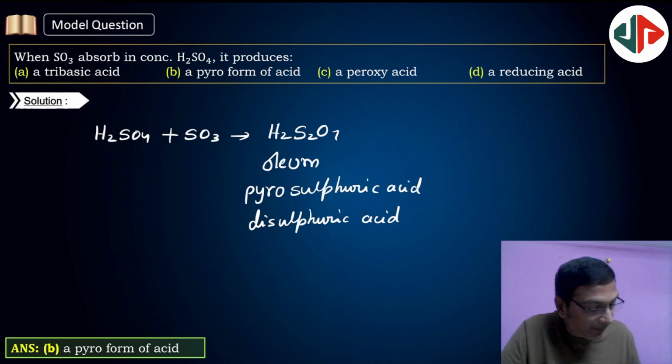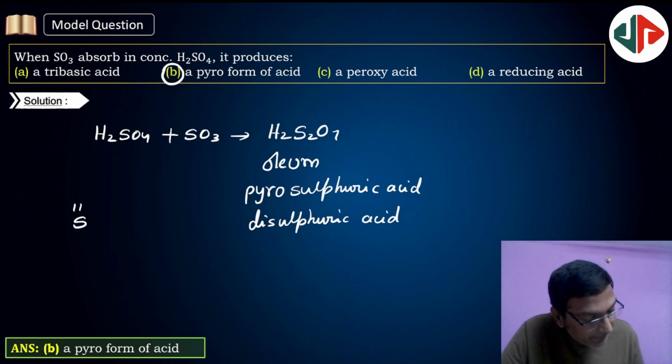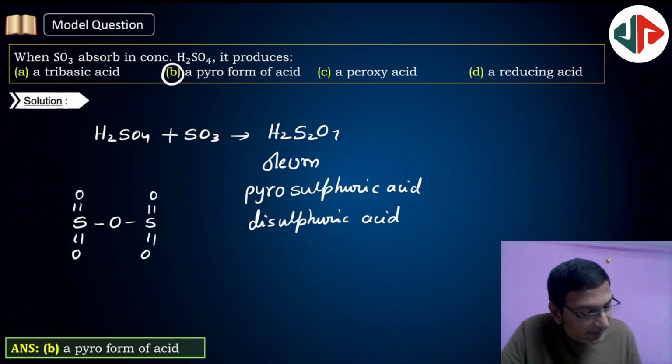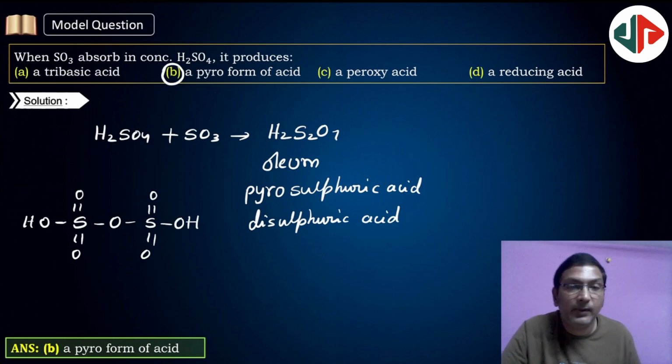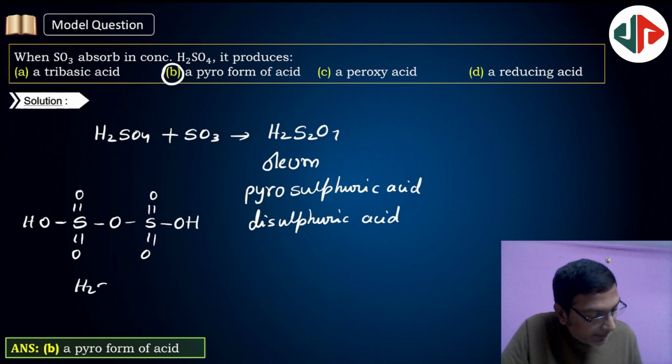Very, very important. So pyro form of acid will be produced. Structure will be like this: S double bond O and the S-O-S bond is present here. So this is the structure of H2S2O7.